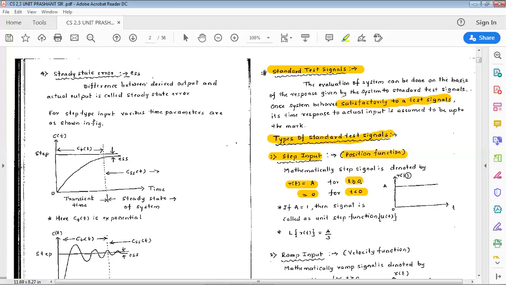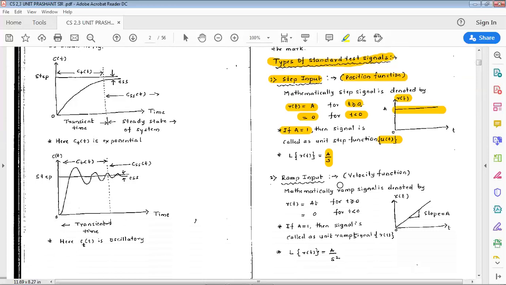So we can define this r of t function with respect to time. It has constant amplitude A. If A equals 1, then the signal is called the unit step function. Its notation is u of t, and its Laplace transform is A by s. You can observe in the graph, for t less than 0, the value is 0. For t greater than or equal to 0, the value is the constant amplitude A.